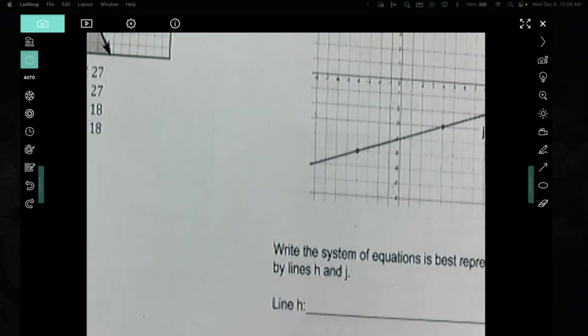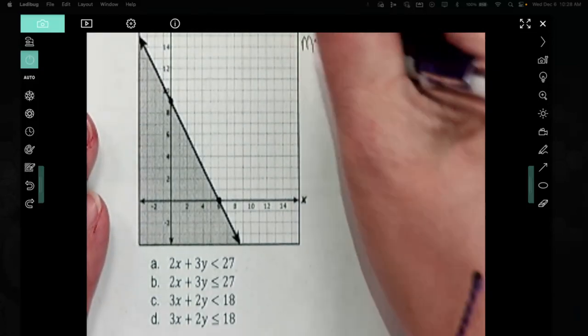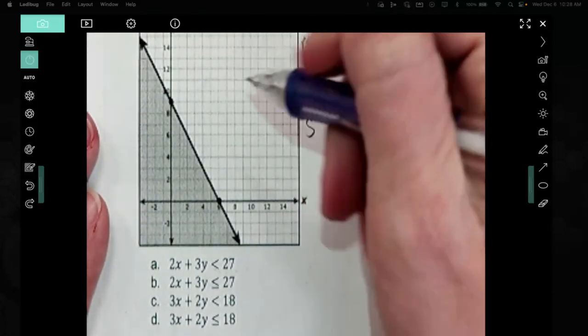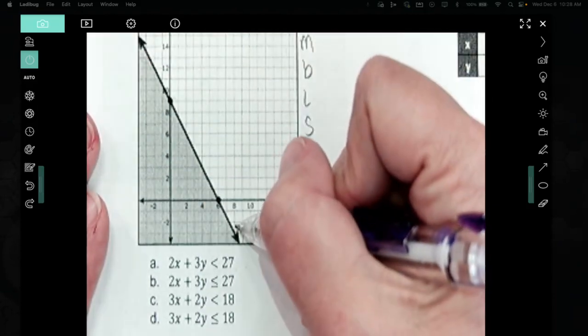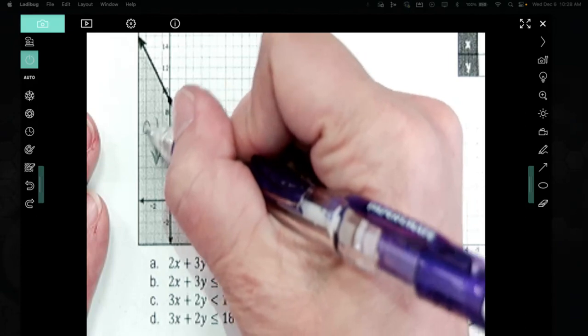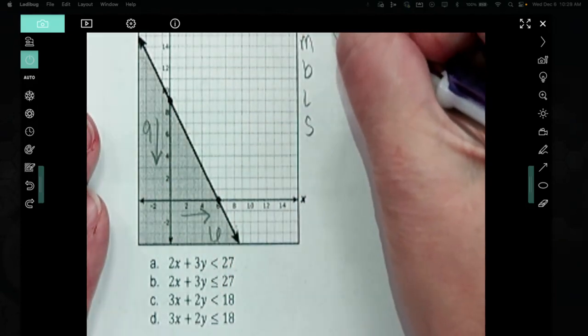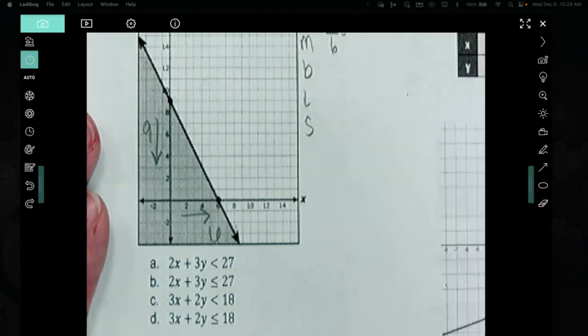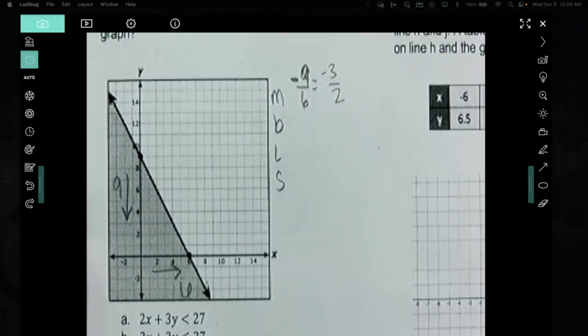All right, last two. This one is a little tricky. Okay, you have to write your equation. So I'm going to write my slope. It is negative. Pay attention to the direction of the line. I'm going down 9. I'm going over 6. If I put that in my calculator, it is a -3/2.